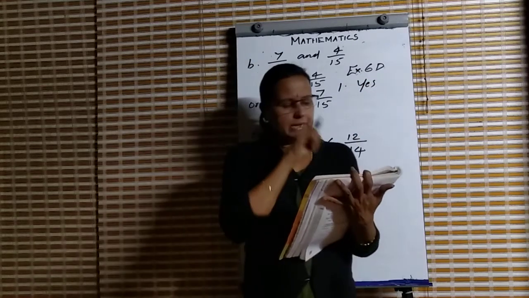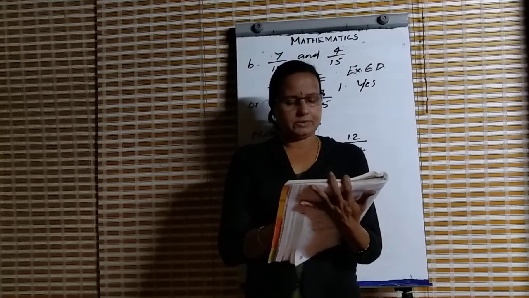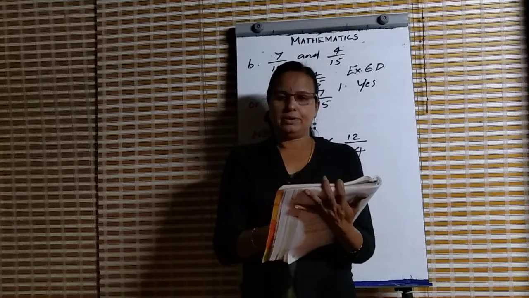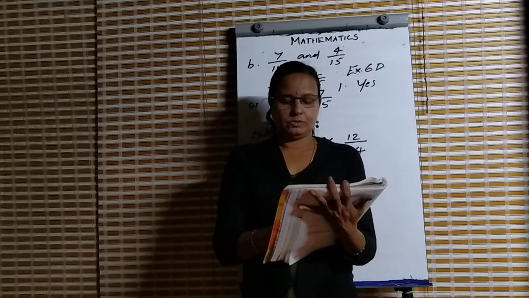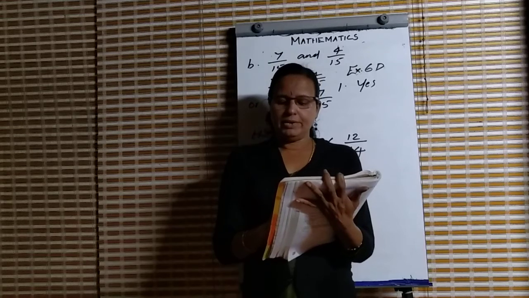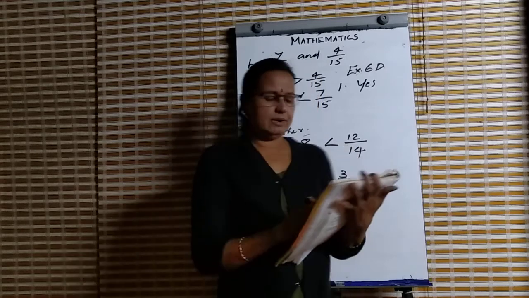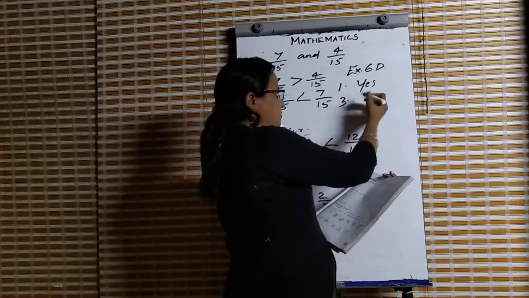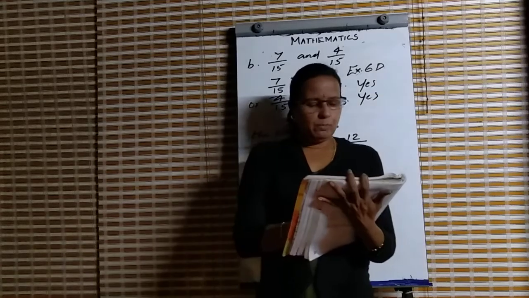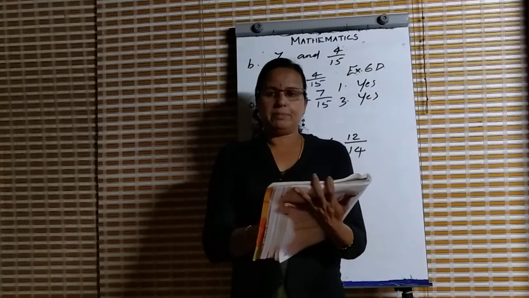Then, second, 3 by 8, 5 by 11. Different denominators, so they are unlike. Third, 3 by 8, 4 by 8, 5 by 8. They are like fractions. Third, yes. Then, fourth, 2 by 11, 5 by 8, 3 by 7.